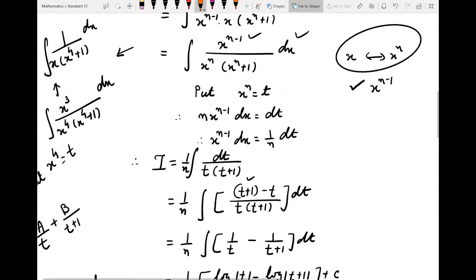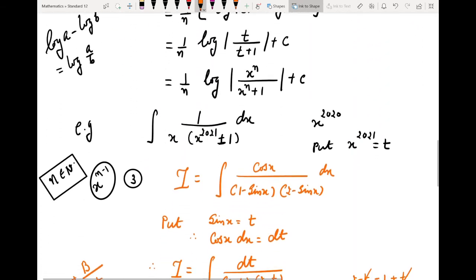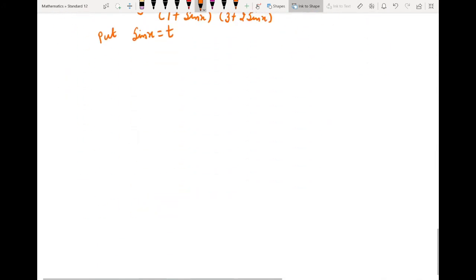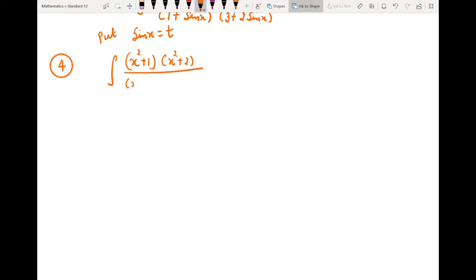Fourth one: integrate x square plus 1, x square plus 2, x square plus 3, x square plus 4, dx.